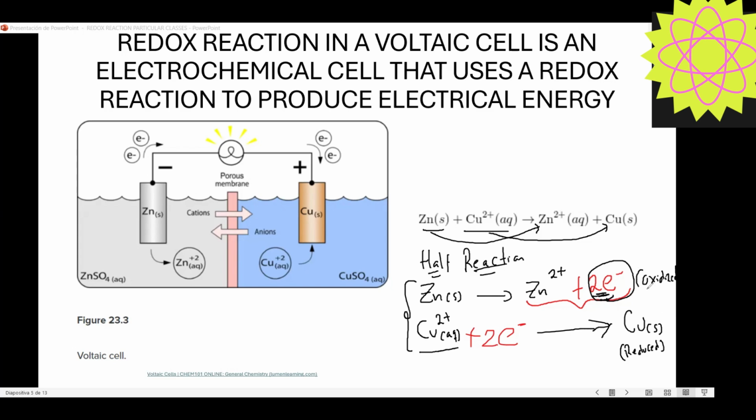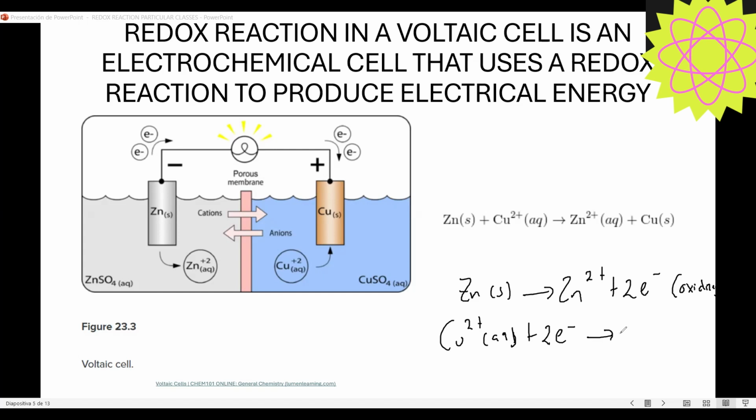But that's just like a starting point, right? There is another hint: when you find the electrons in the right part, it is oxidized. So in this case, the copper is going to be the reduced substance. It's reduced. Okay.